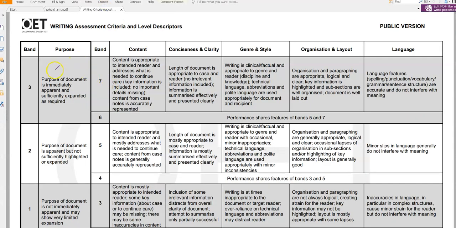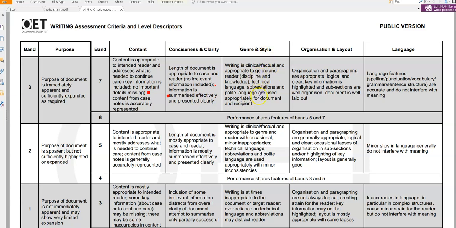Now, okay, so criteria, right. Your purpose must be immediately apparent. That's the first thing. Why are you writing? Why am I reading this? Then the content, key information, no details missing, conciseness and clarity. Now, there's a little bit of irrelevant information I've noticed. How well it's summarized, we'll take a look at that.